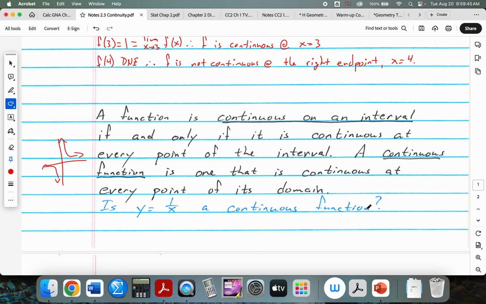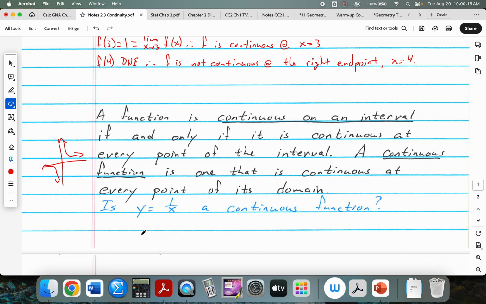So is x equals 0 part of the domain of this function? It's not. So by this definition, and I don't like this definition, it still bugs me today, this function is continuous because it's continuous everywhere that it's defined.